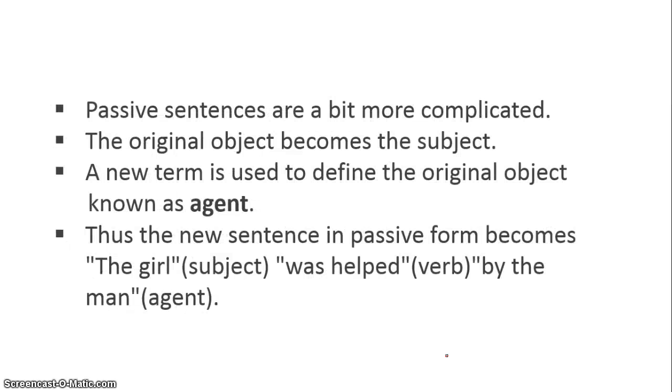Whereas passive sentences are a bit more complicated than that. The original object becomes the subject. A new term is used to define the original subject, known as agent. We talked about this in the earlier slide. Thus, the new sentence in the passive form becomes the girl was helped by the man. Here the girl is the subject, was helped becomes the verb, and by the man becomes the agent.